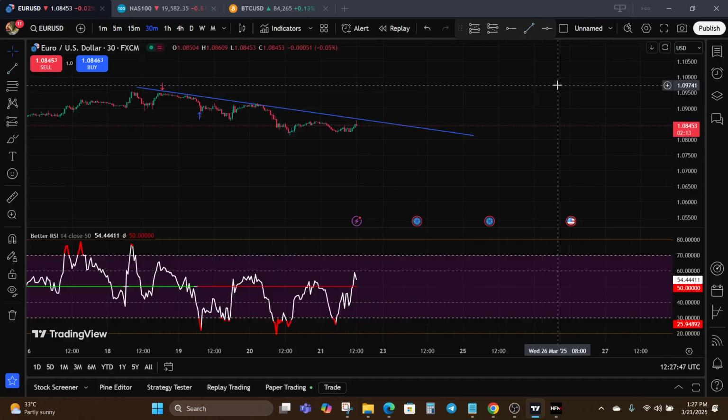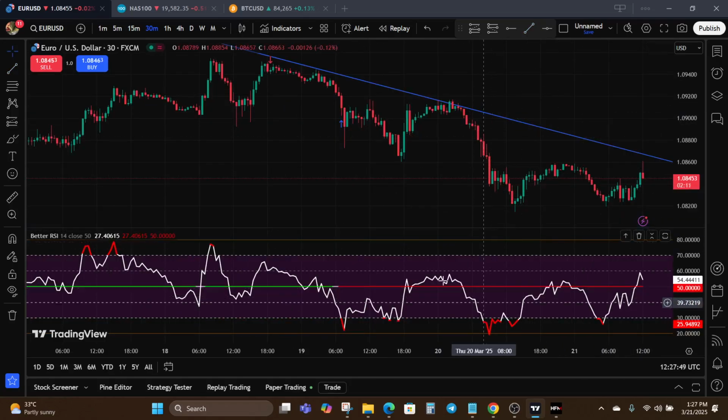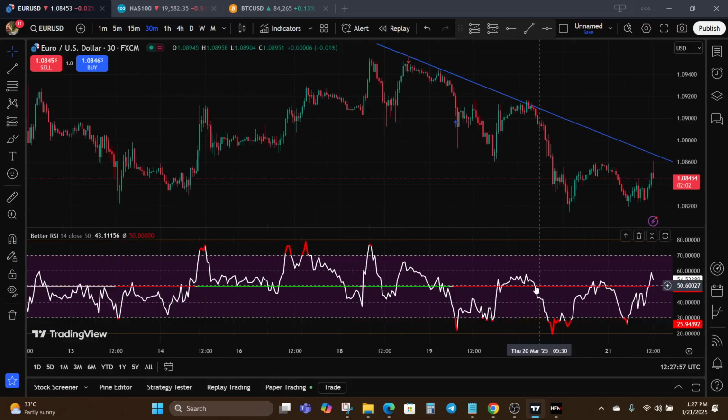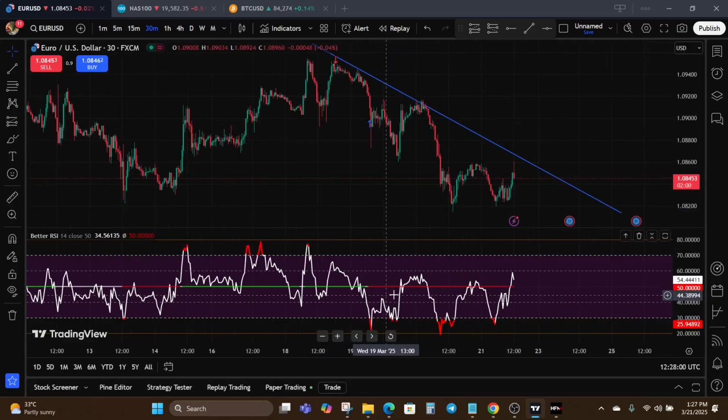Okay, so be paying attention to the positioning of the Better RSI line with respect to these levels: the overbought level, the oversold level, and the 50 level. The 50 level is also important. You will notice that this horizontal line at 50 also tells you which momentum is prevailing.